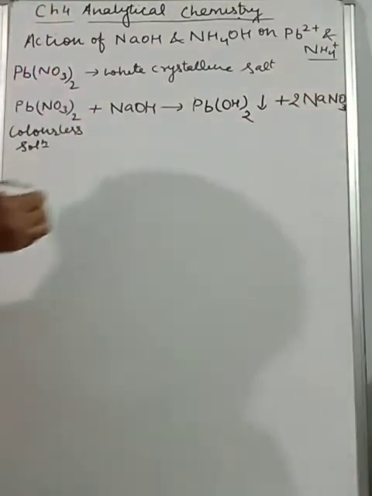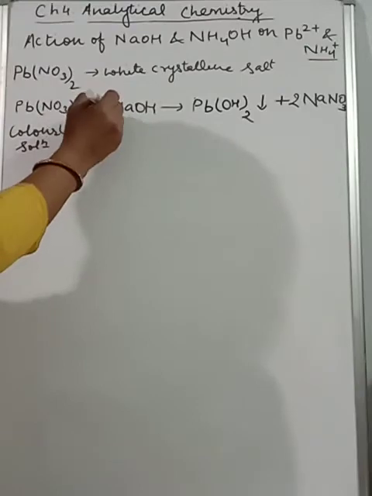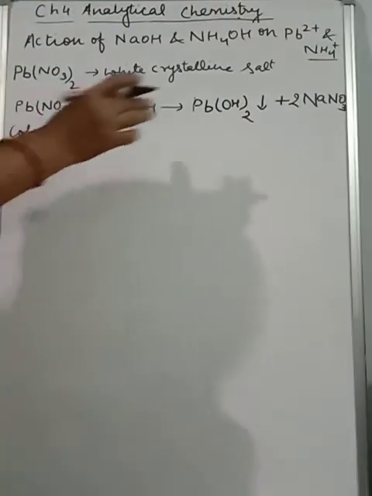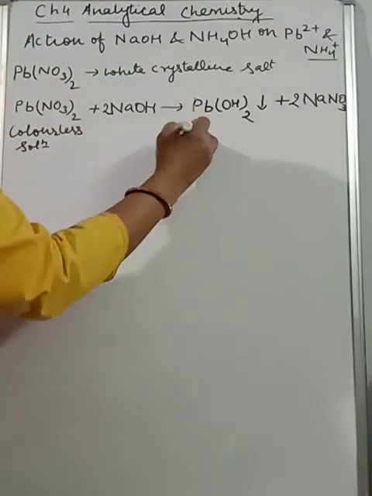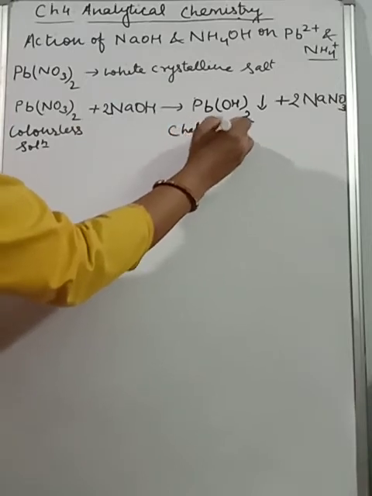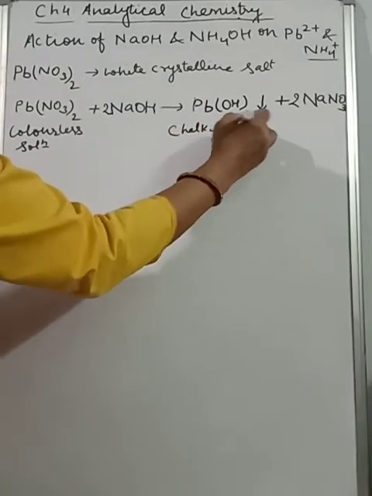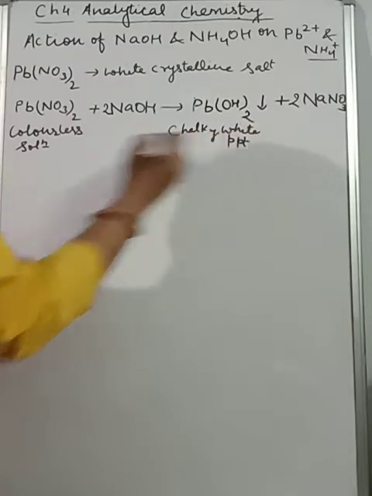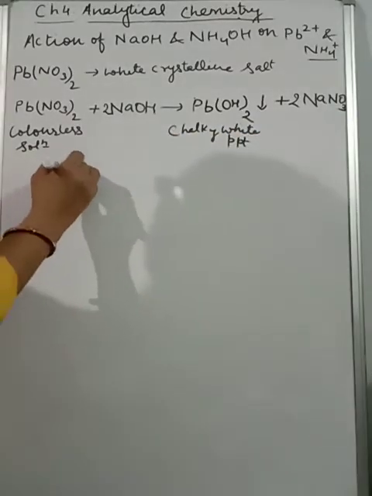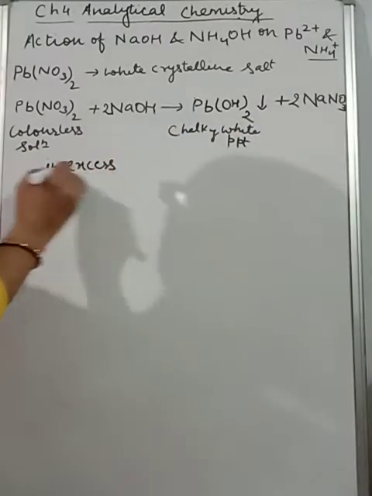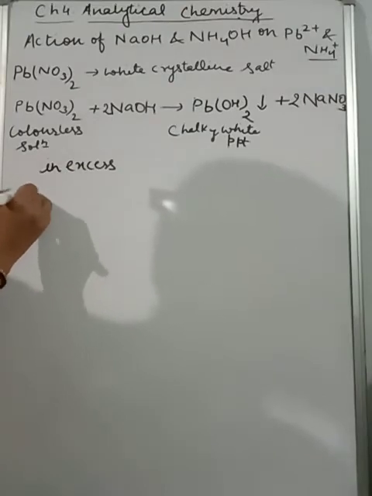And now children, we have to use this NaOH in excess. So this is a chalky white PPT. Now in excess, what will we get here?